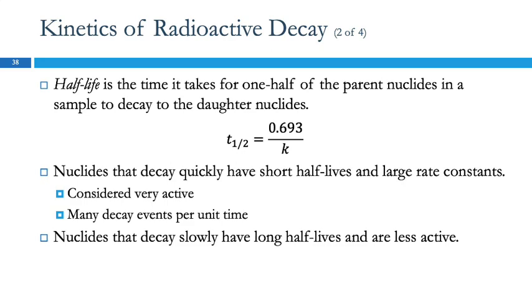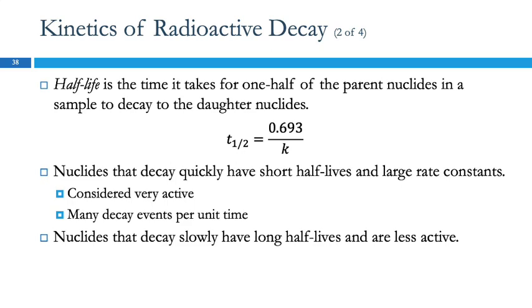Half-life. Remember that? Half-life is the time it takes for half of the parent nuclides to decay. In our previous study, half-life was the time it takes for half of the reactants to react.